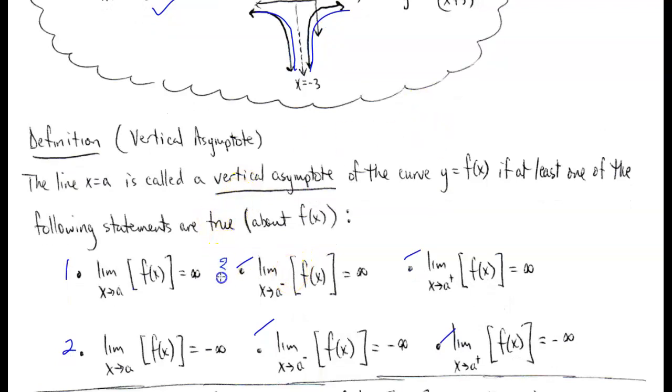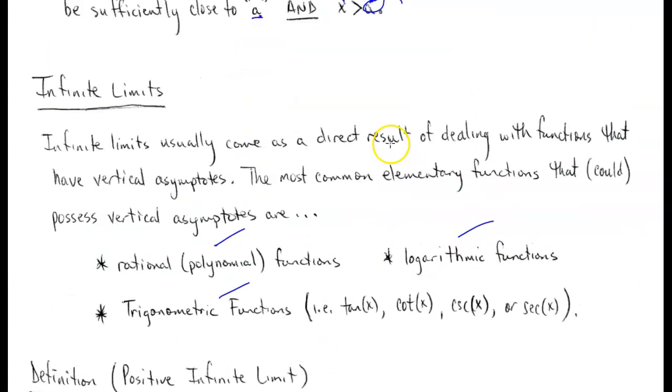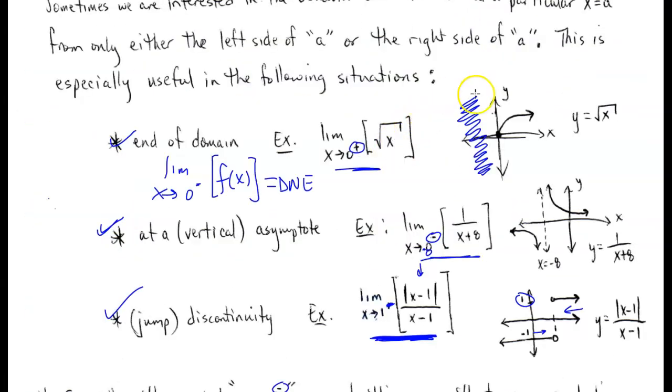These next two, 3 and 4, are what it looks like whenever we study a vertical asymptote only on its left side. So if we were considering this function and I wanted to figure out the behavior of this function only on the left side of the vertical asymptote, we're talking about something that looks like this.